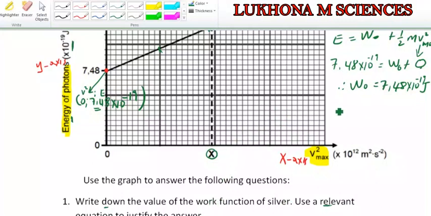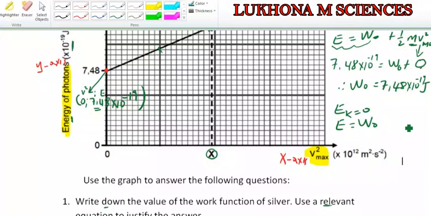The kinetic energy EK is 0 because of the speed. Therefore, if the kinetic energy is 0, then energy E is equal to the work function. Because if you put 0 here, you will get the work function equal to the energy.